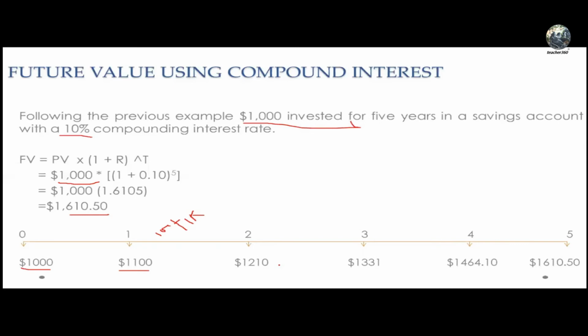In the year 2, you have to consider both your principal and your last year interest.